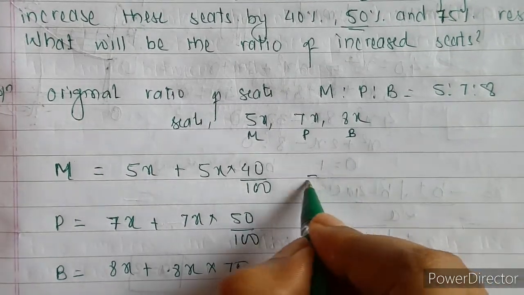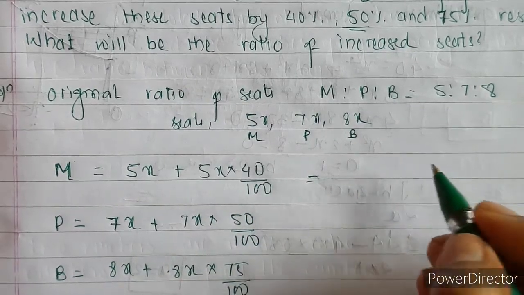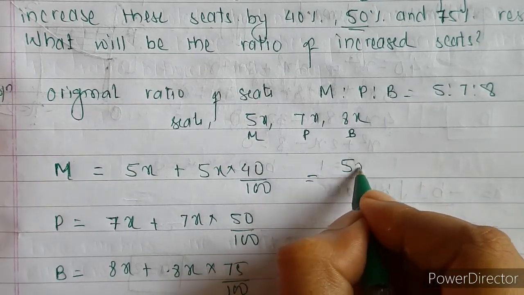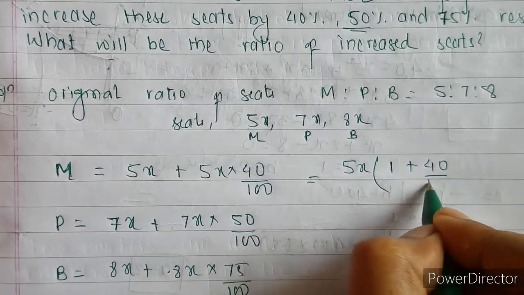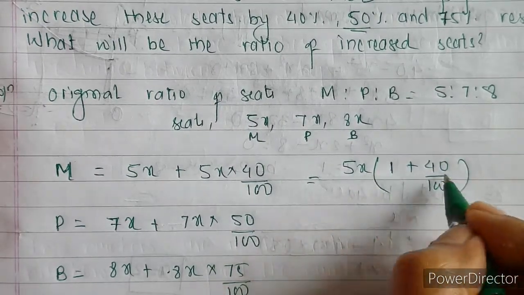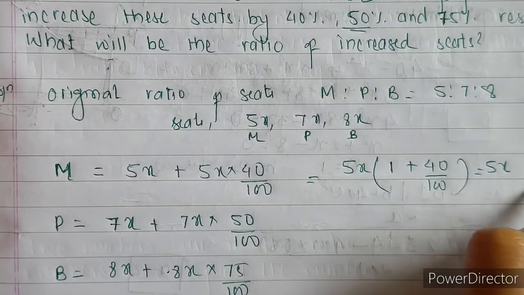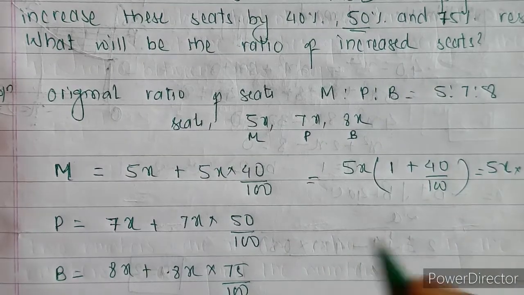Yeah. So now let's simplify this. We can write this as, if I am taking 5x common, what will be remaining? 1 plus 40 by 100, and after taking LCM, this can be written as 140 by 100. So 5x into 140 by 100.